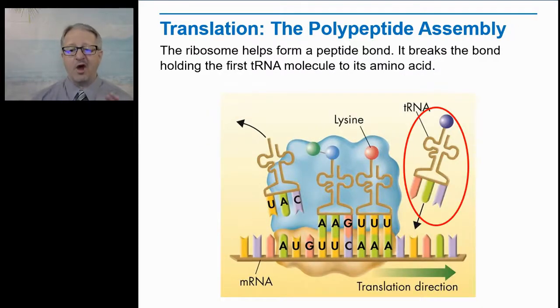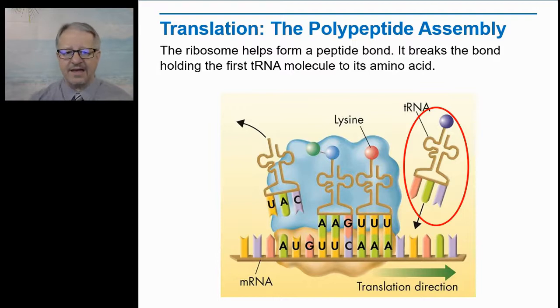Now, keep in mind that the overall picture and relationship between transcription and translation is that transcription is an exact copy of a section of the DNA, right? So we're going from nitrogenous base to nitrogenous base.